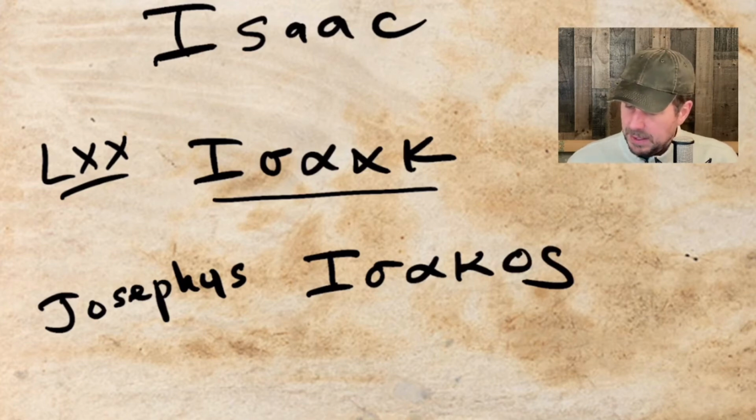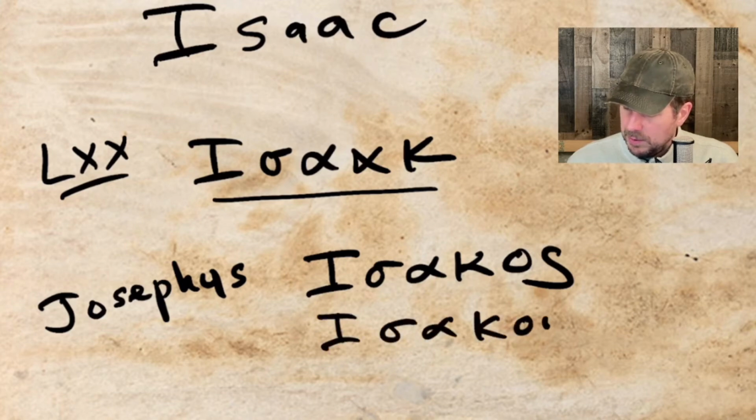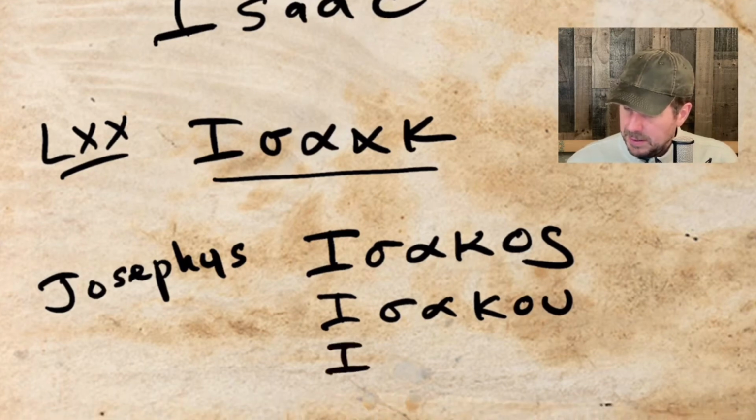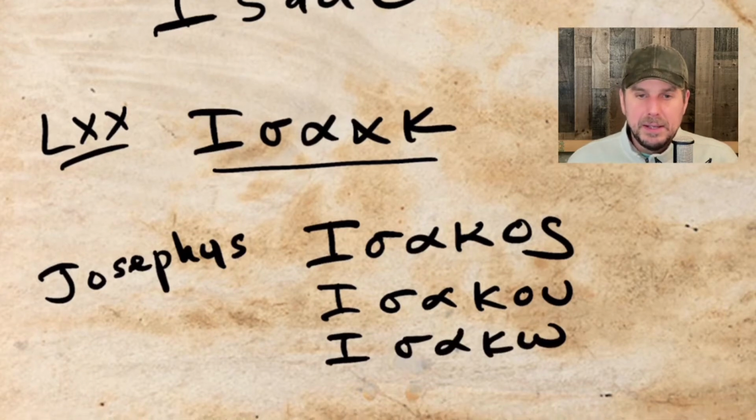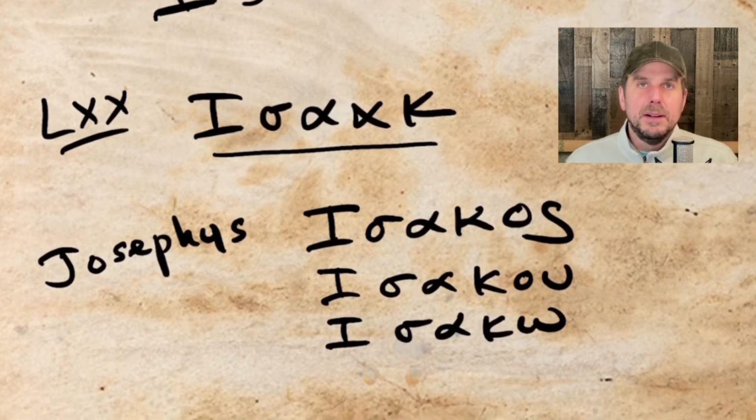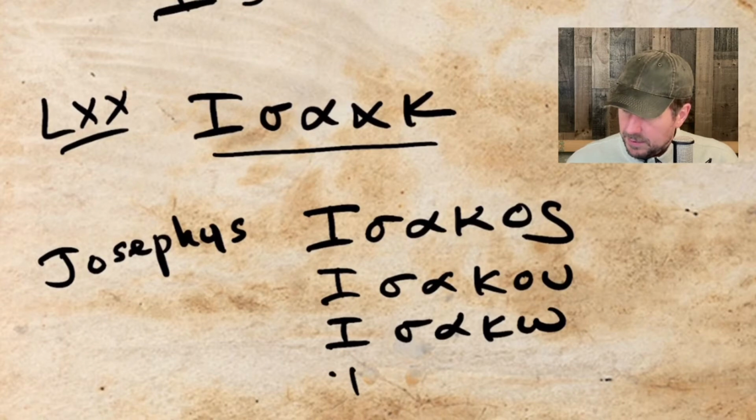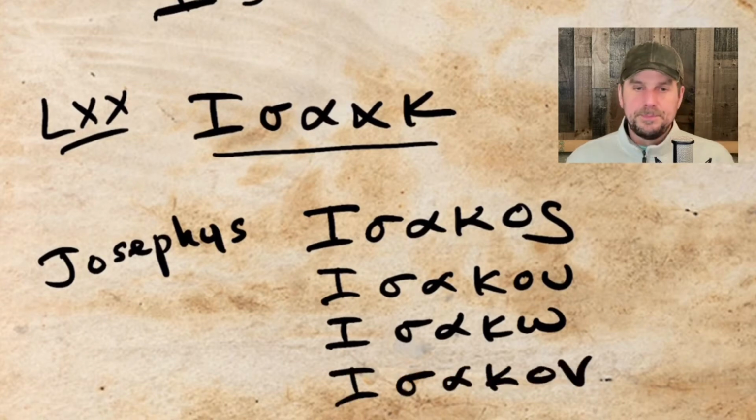And if it would be of Isaac, it would be Isaku. And if it was going to be for Isaac, it would be Isako. And if Isaac was the direct object of the sentence, Isakon.